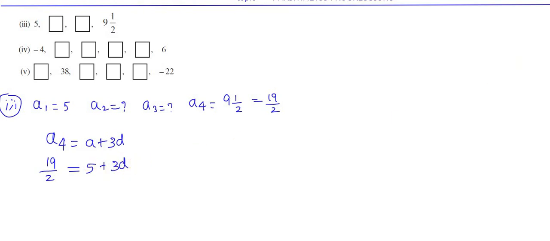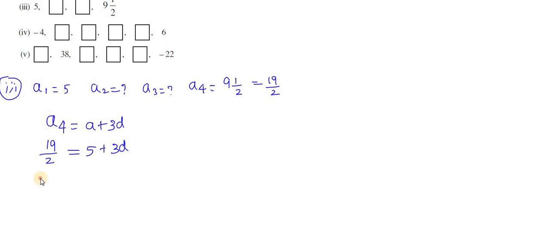Now simplify it further: 19 by 2 minus 5 equals 3d. So 19 minus 5 2s are 10, divided by 2, equals 3d.